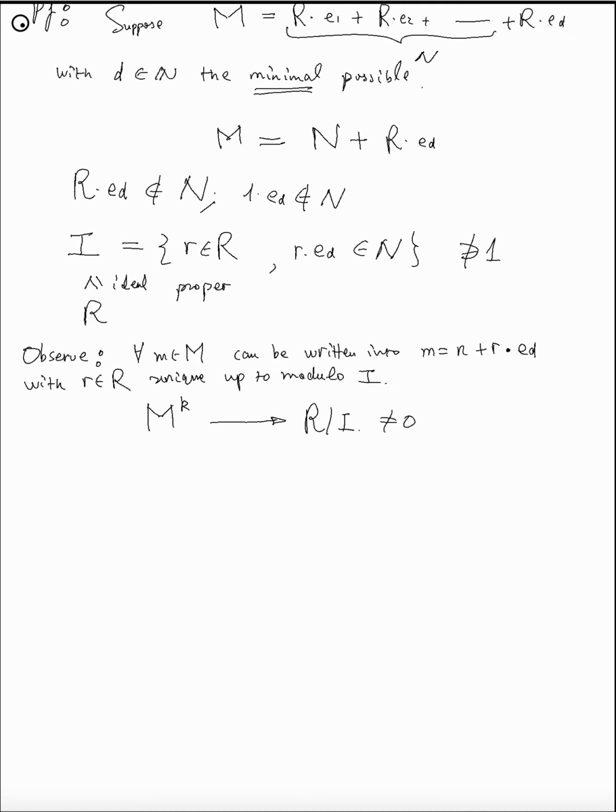And then this is kind of unique, and then for whatever elements m1, m2, and so on, we can all write them into that form. So let's say m1, m2, mk, let's write them into the form n1 plus r1 ed, n2 plus r2 ed, nk plus rk ed, and then we map it to this. We don't claim the uniqueness of the ni, we claim the uniqueness of ri modulo I.